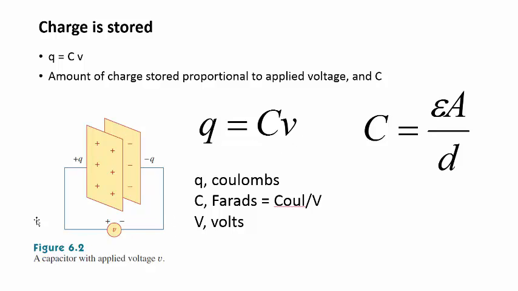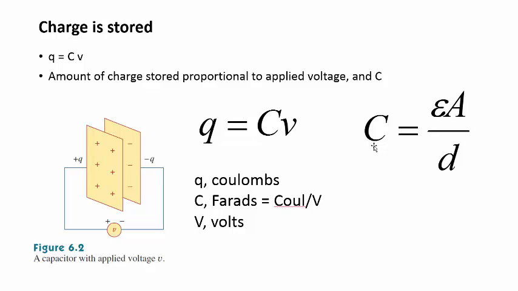So here is a cartoon of a capacitor in the schematic. A positive voltage is applied to one plate, a negative voltage is applied to the other plate. So this plate is at a negative potential compared to this plate, and then you have this dielectric material in between, which causes a separation of charge, and this charge, if it has nowhere to dissipate, will be held by the device.